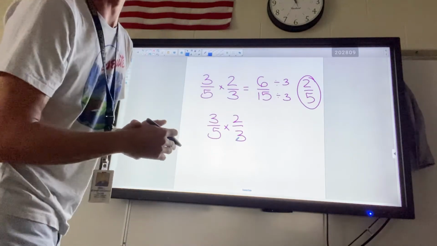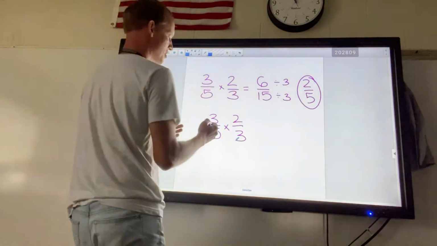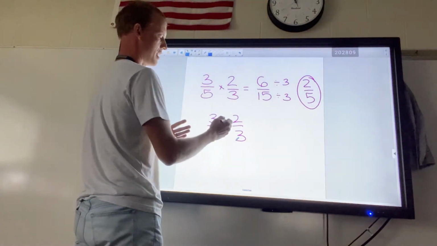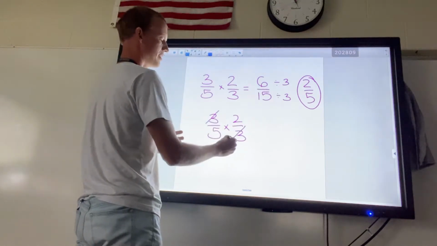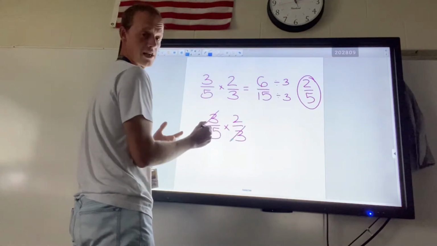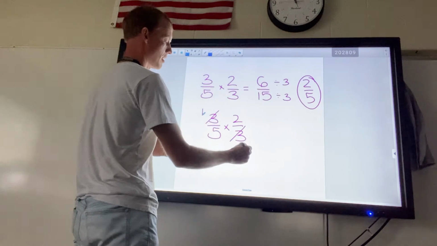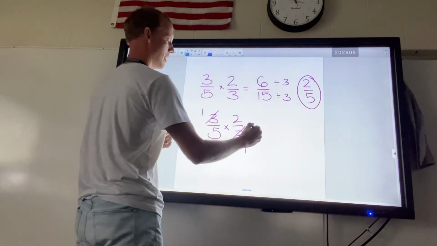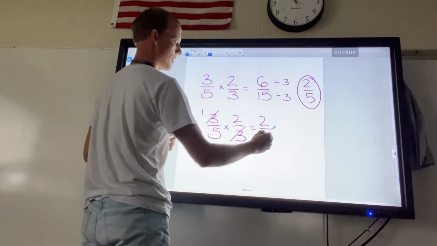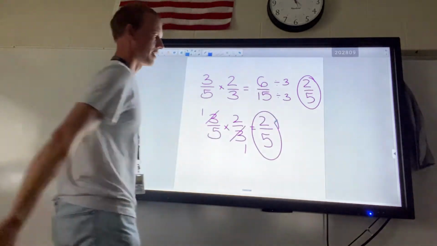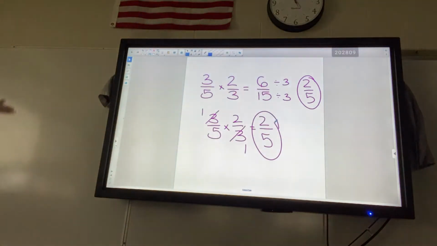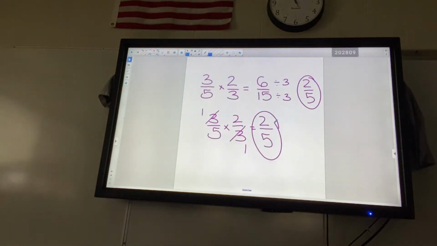Because of the commutative property of multiplication, you can reduce diagonally. 3 and 3 share a factor of 3, so each of them becomes 1. Now it's 1 times 2 is 2. 5 times 1 is 5. There's nothing to reduce. I love the fact that it takes the division out of it. Division is definitely harder as the numbers get larger for many of you, okay?